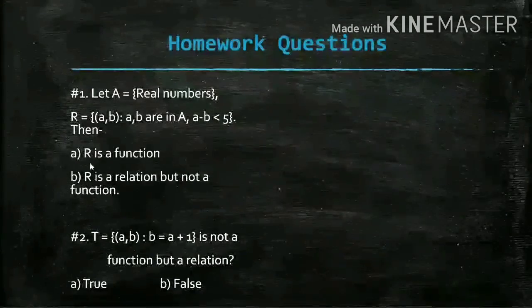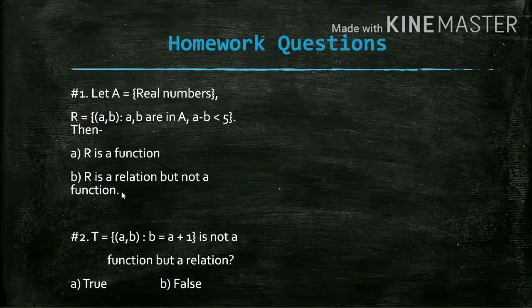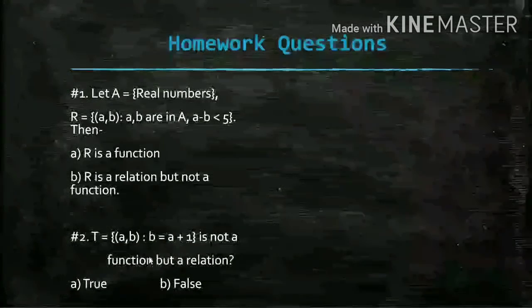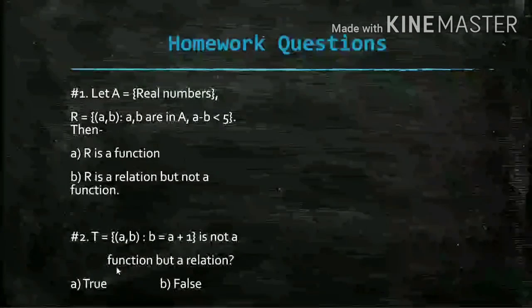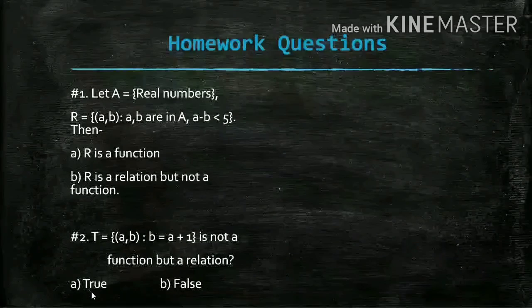Then you need to say whether R is a function, or R is a relation but not a function. So which one is correct? Both are correct or none is correct, you have to choose. For the second one also you are given T, a set. It's telling you it is not a function but a relation. So you have to state whether it's true or false.